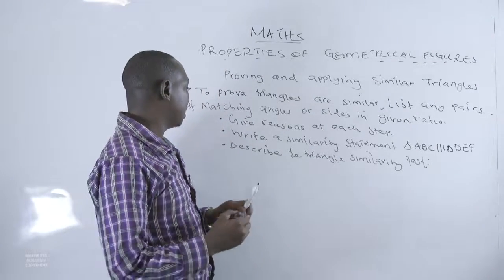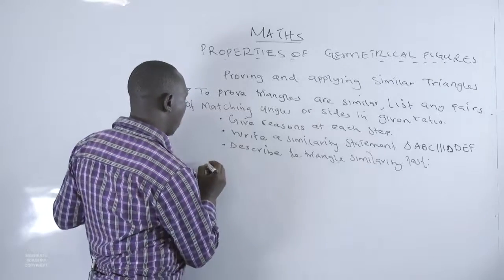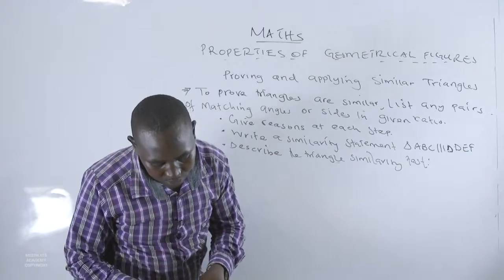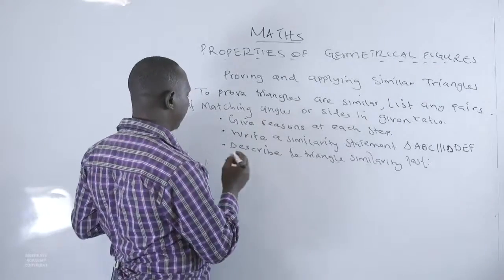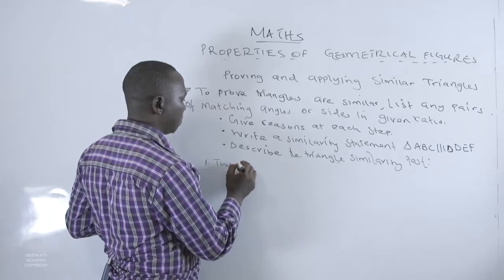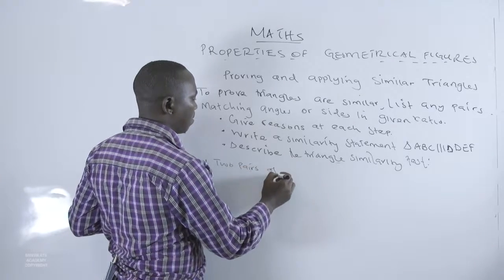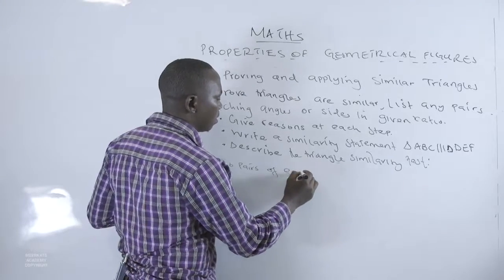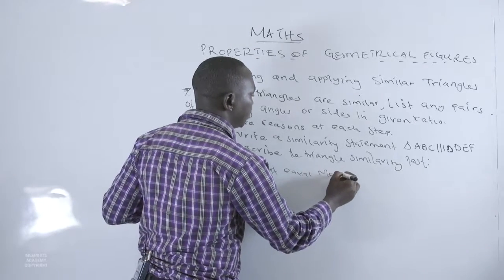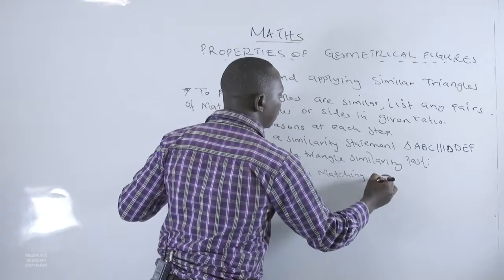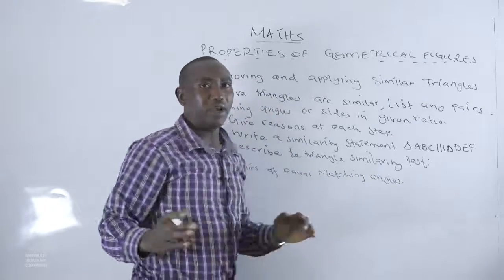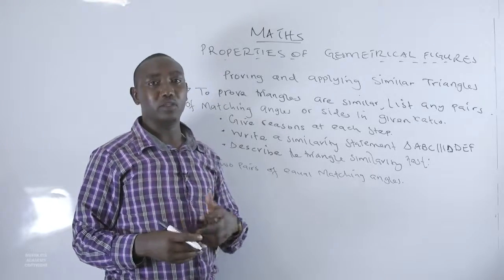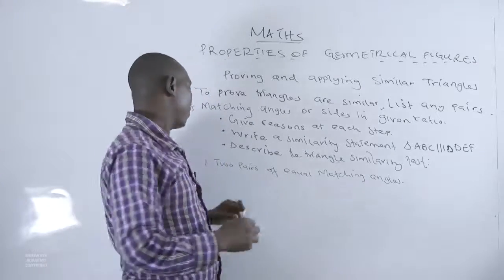These similarity tests include: 1 is 2 pairs of equal matching angles. So if two matching angles of the two triangles are equal, then those triangles are similar, and that is test 1.